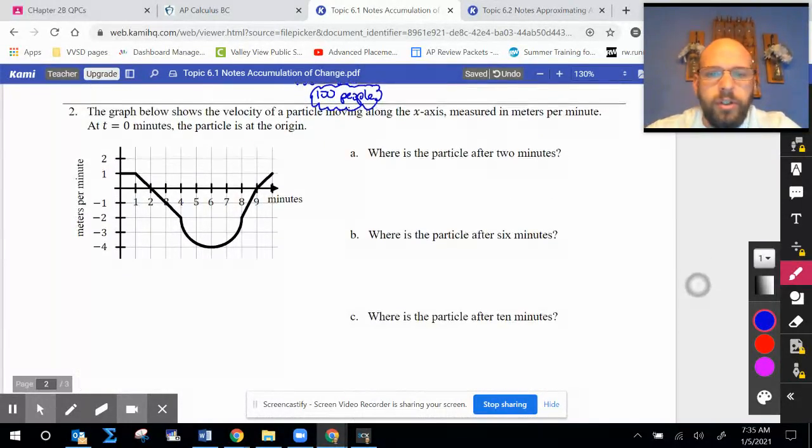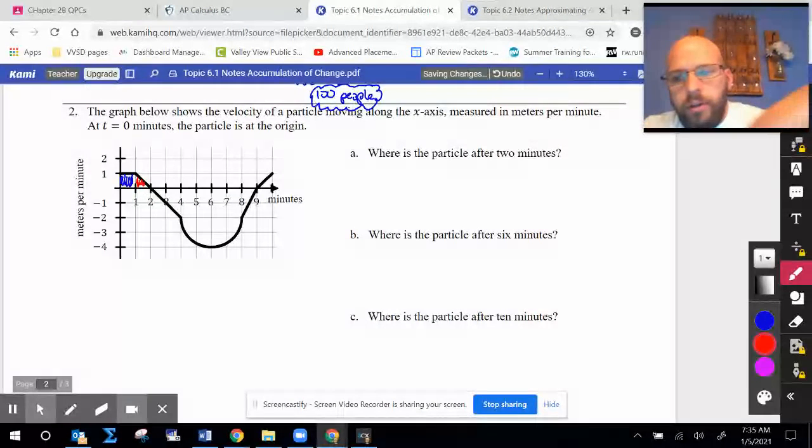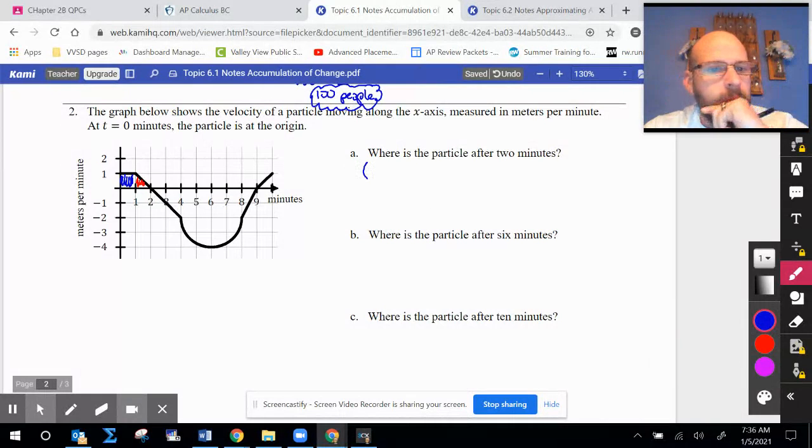So let's keep going. So here's another particle motion. It kind of flip-flops back and forth. So where's the particle after 2 minutes, right? So I want this area for the first 2 minutes. So I have a little square and a little triangle. So if I do the square, I'm going to have 1 by 1.